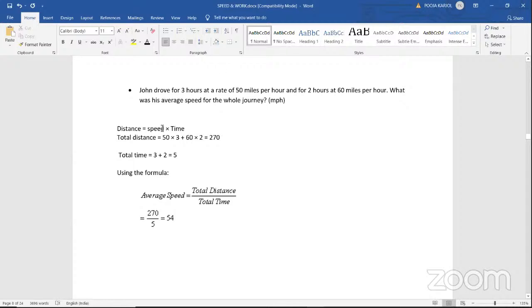So 50 into 3 will be distance 1. 50 into 3 plus 60 into 2 is 150 plus 120. It is 270. The total time taken is 3 plus 2 hours, 5 hours. Average speed formula is total distance by total time. 270 by 5, 54 miles per hour.